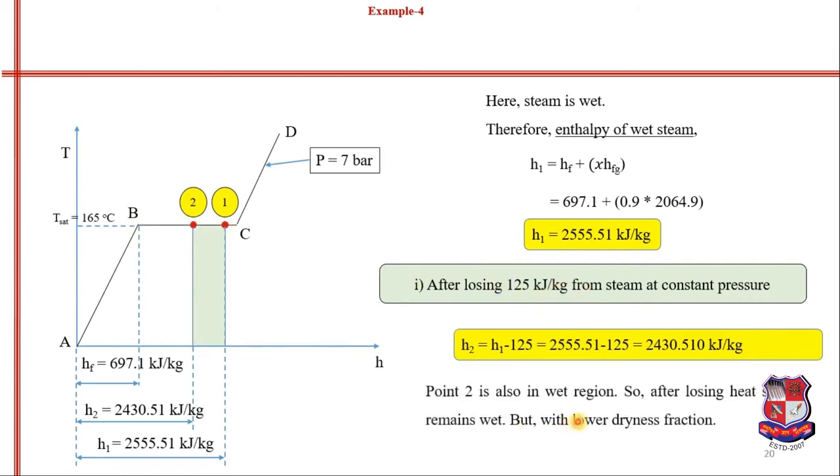Point 2 is also in the wet region, because it is greater than hf and less than h1. So it will be between h1 and hf. It is in the wet region. So after losing heat, the steam will remain wet but with a lower dryness fraction.